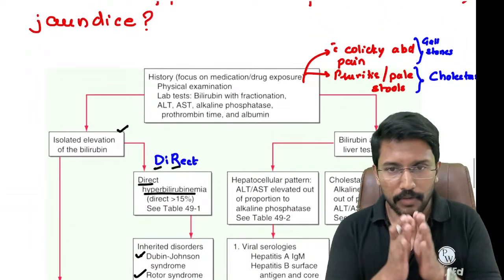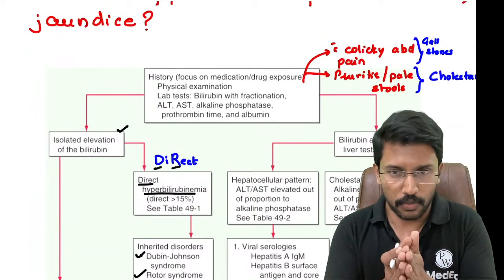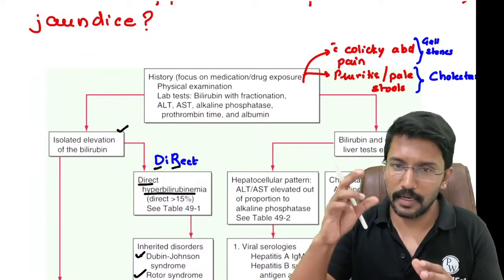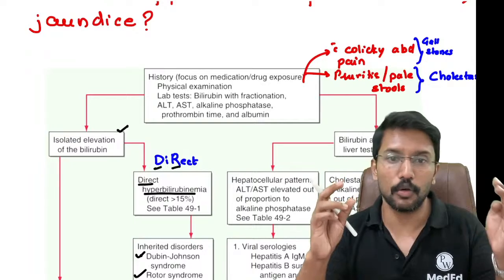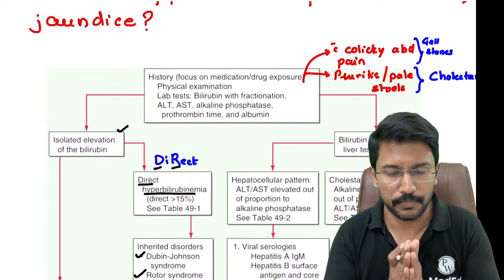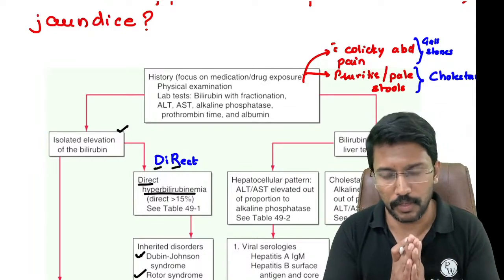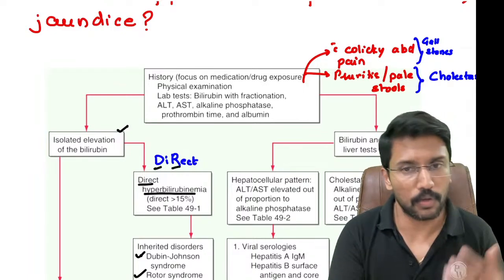Okay, so we have now looked at the patient with jaundice. We have looked at his LFT. If in the LFT, AST, ALT, ALK phos, GGT was normal, only bilirubin was elevated, we have a very simple approach. We have to see whether it is direct hyperbilirubinemia or indirect hyperbilirubinemia, right? All we have to do is look at the total bilirubin.